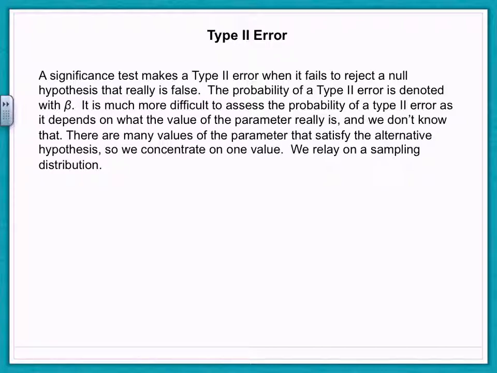If you're just saying that it will be greater than 8%, you have a lot of options as to what the actual parameter could be. Because if it's a type 2 error, then your null hypothesis is false, which means your alternative hypothesis would be true. So we have to rely on only one value. We have to rely on a sampling distribution to be able to find our probability of a type 2 error.